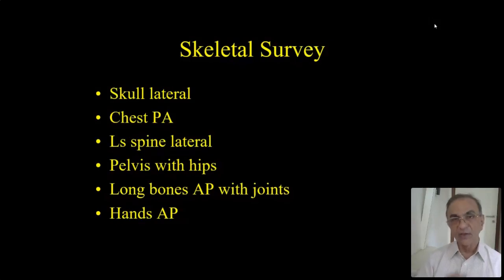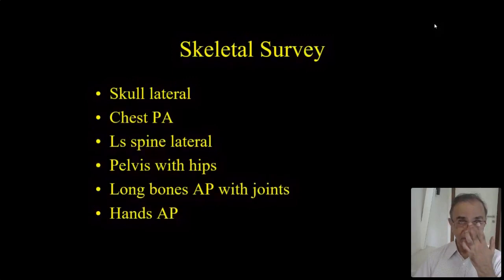The other reason you don't want to do a skeletal survey every single time is that many times patients have had x-rays done in the past. And doing skull AP and lateral to grade 2 AP and lateral is completely stupid, right? That's the most important reason. The rest fall in place in terms of cost of radiation, actual costs incurred by the patient, and so forth.